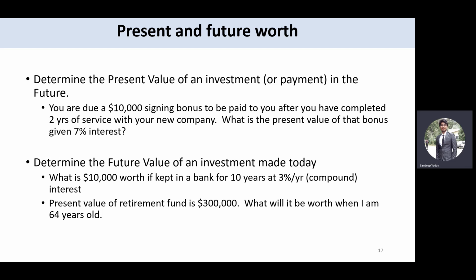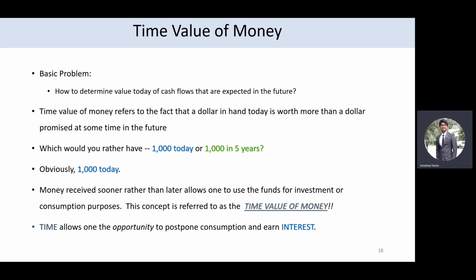Now the present value of the retirement fund is $300,000. What will it be worth when I'm 64 years old? So all these formula questions you can answer by simply calculating the present and future values. Now let's see the time value of money.